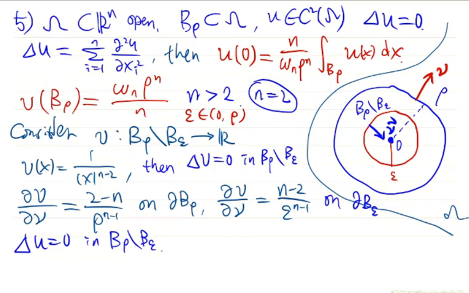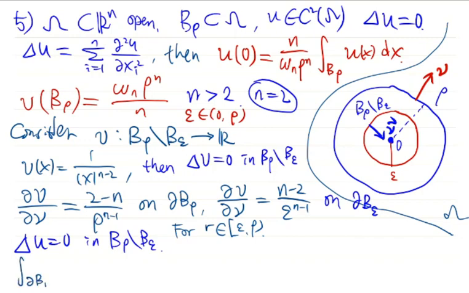Let's have a look. We make some parameterization for r in the interval epsilon to rho, and we compute this quantity.